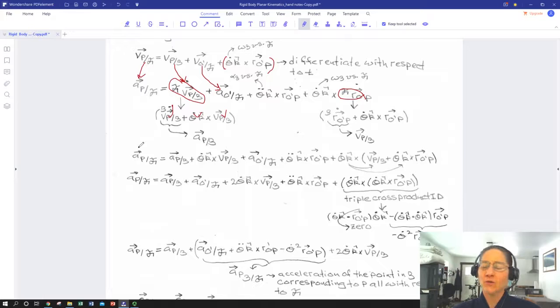So again, what we were looking for is the acceleration of some point P with respect to, say, a fixed reference frame that we can measure from.